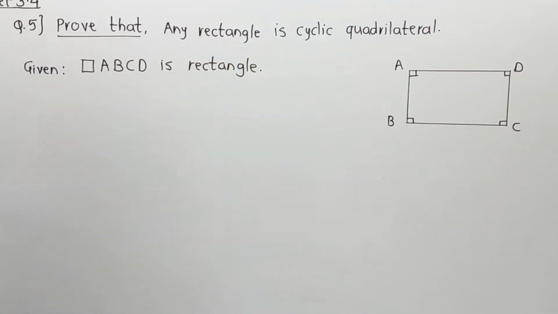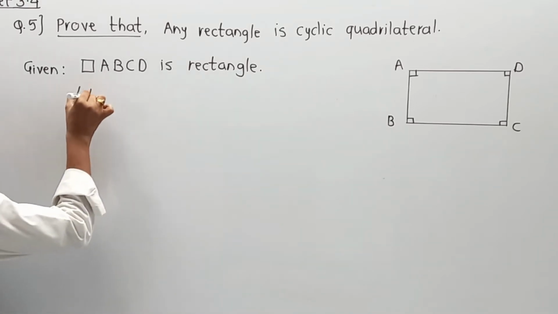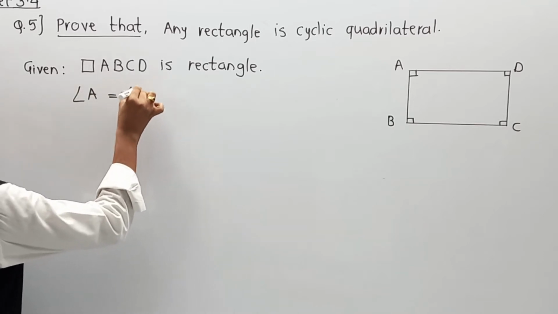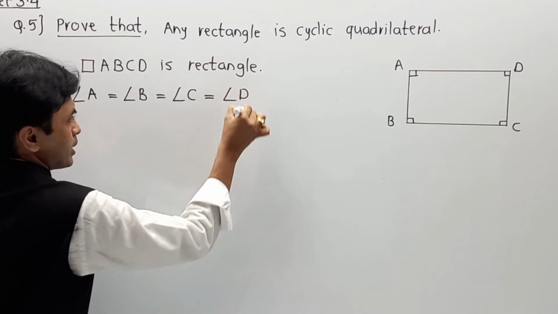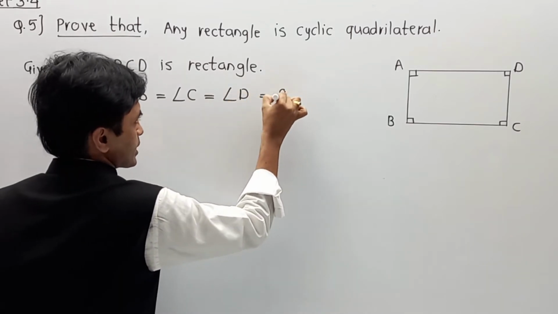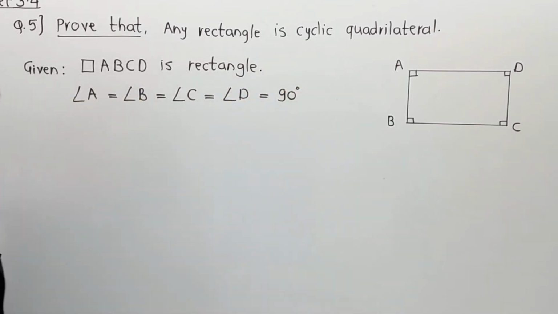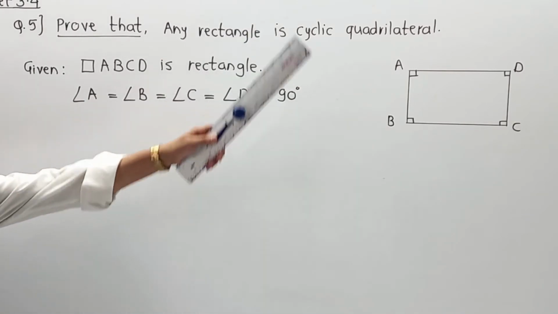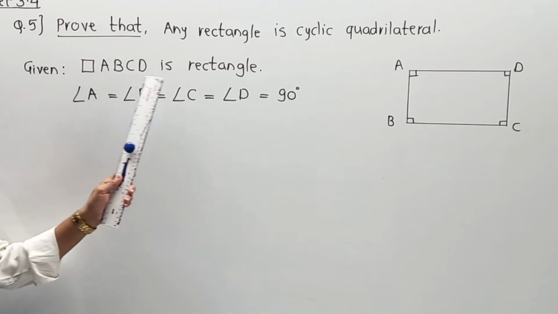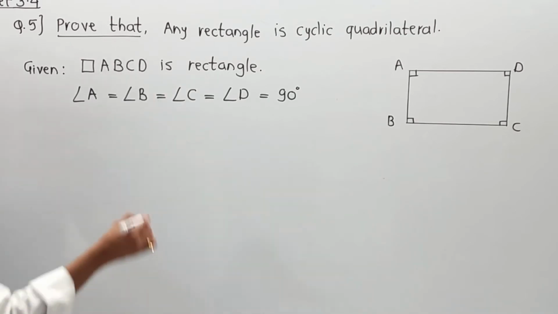Naturally we can say that angle A equals angle B equals angle C equals angle D, all are 90 degrees. Now what exactly do we have to prove? Any rectangle is a cyclic quadrilateral. That means you have to prove that ABCD is a cyclic quadrilateral.